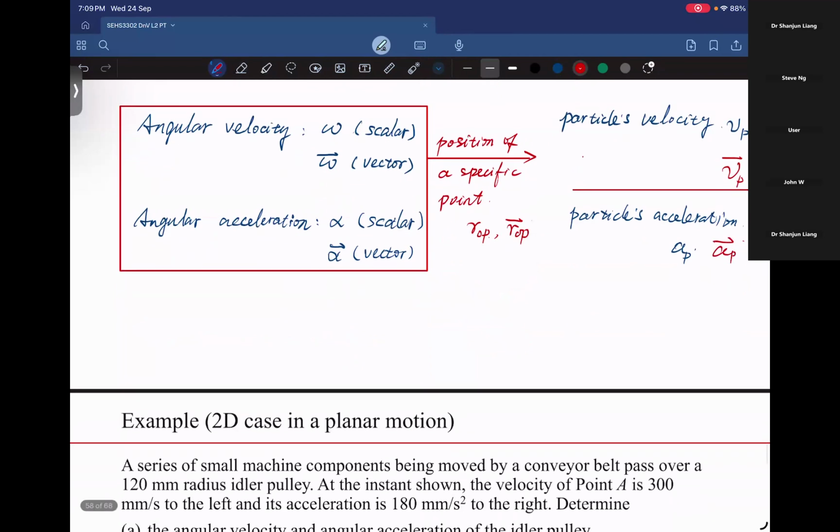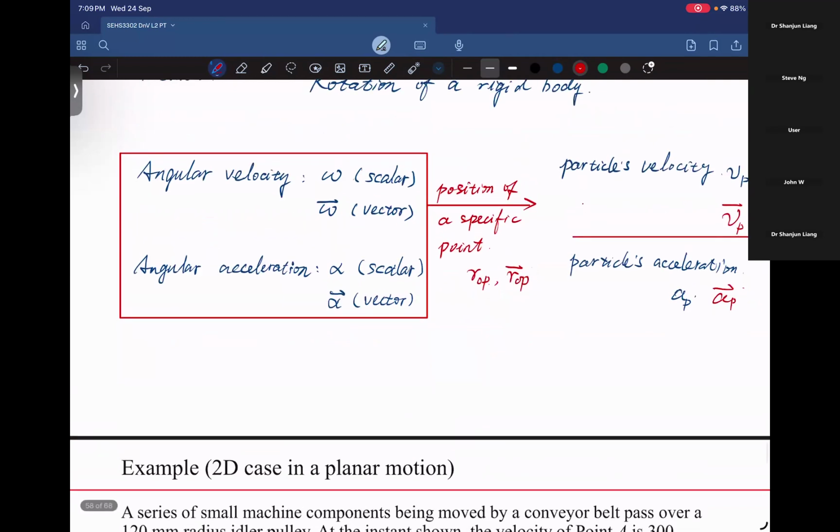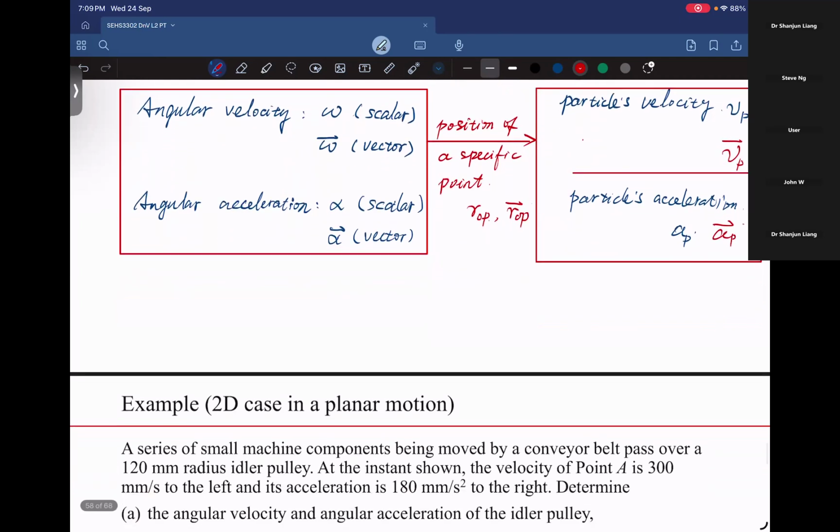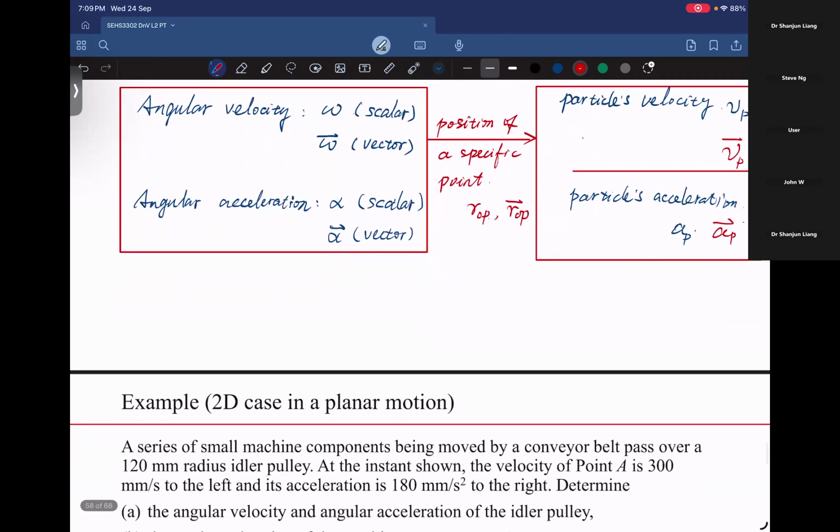For the acceleration, there are two components. One is normal acceleration. The other is the tangential acceleration, right? And we need to calculate them one by one. So since there are scalars, in blue color, we can use the scalar method to find out the velocity and acceleration, right?